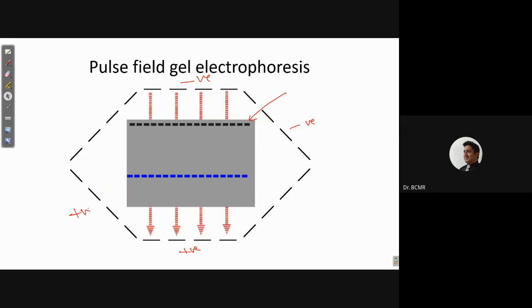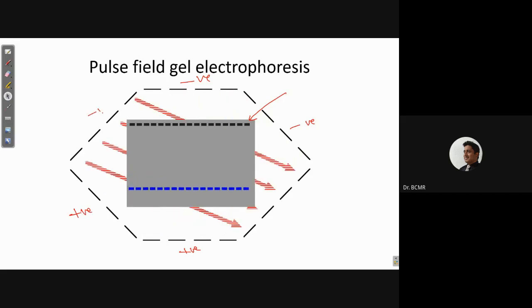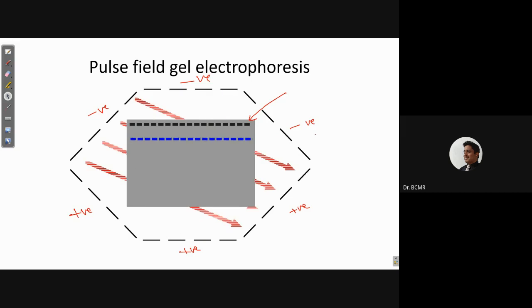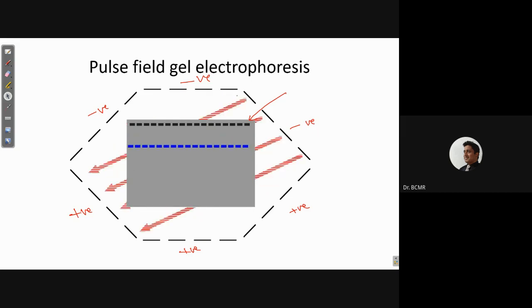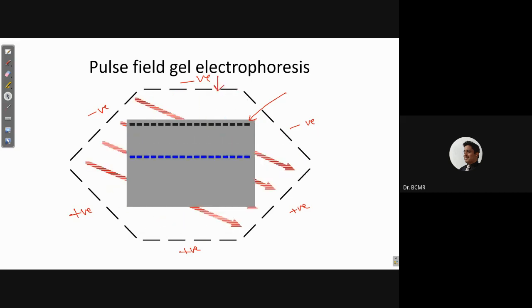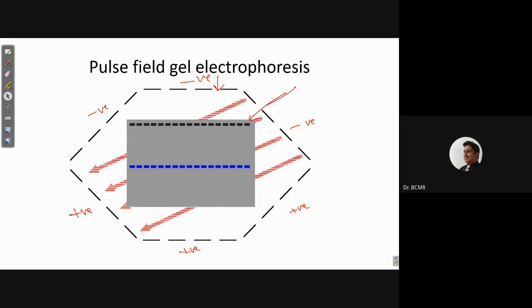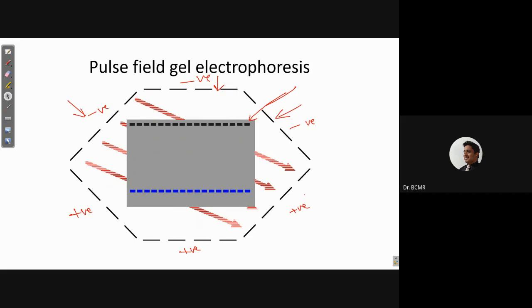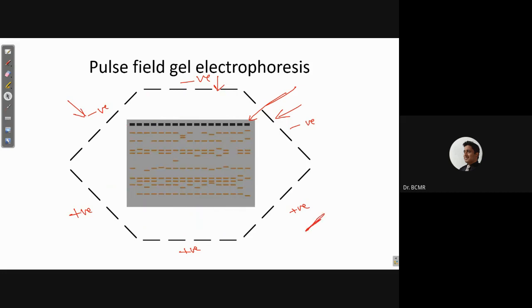I think I was describing pulse field gel electrophoresis when we were discussing gene library using EMBL3A. At that time too, I said that there are different configurations of how the electrodes are placed. In this system, this is one set, this is the second set, and this is the third set of electrodes. These are the opposite ones.